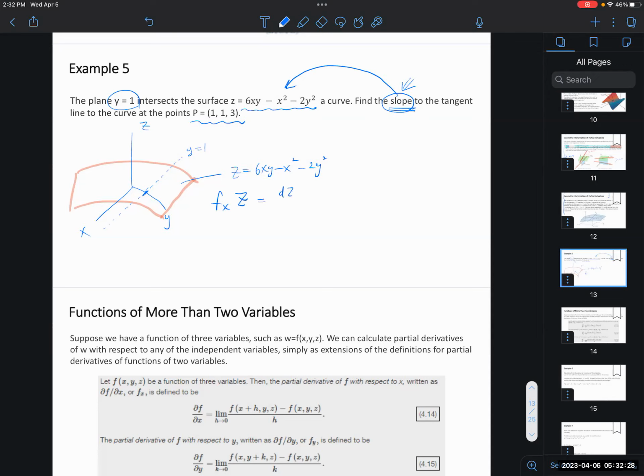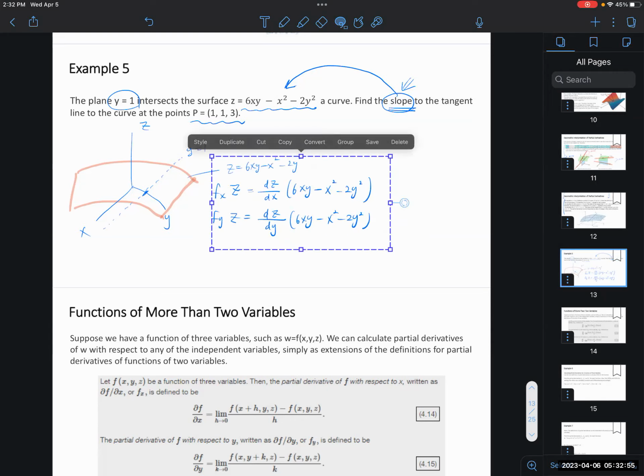So dz over dx of 6xy minus x squared minus 2y squared, or we can think about dz over dy of 6xy minus x squared minus 2y squared, to find the slope of each. Let's take a look at that.